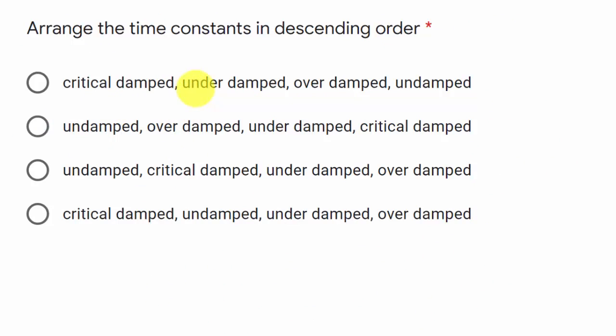Moving on to the next question, what they have given is you have to arrange the time constants in decreasing order. So if I am talking about critically damped, underdamped, overdamped and undamped: undamped means your zeta value will be equal to 0, nothing but the system behavior is oscillatory. In the case of an overdamped system, zeta value is greater than 1, you will not be getting any oscillations.